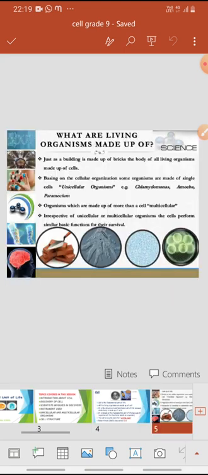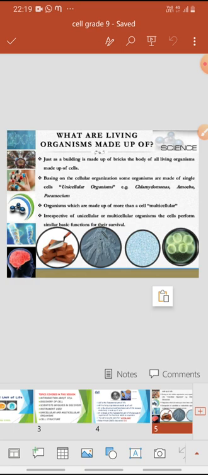What are living organisms made up of? Just as a building is made up of bricks, the body of all living organisms is made up of cells. Based on the cellular organization, some organisms are made of single cells.